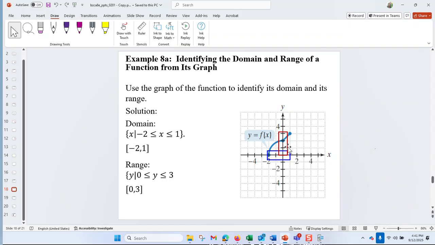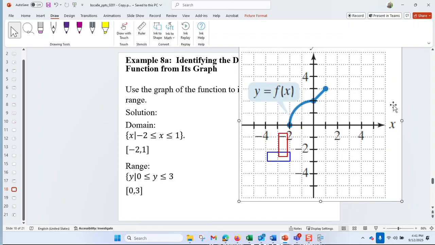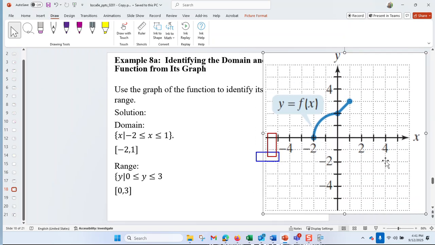Okay, and where's my y value? I still want to make this a little bit bigger. If you look at this one right here, this is my y value. Y is the vertical one. So at this point, when x is -2, y will be 0, right? On the x-axis, y will be 0. So the minimum value for y is 0, and this one is the maximum value for y.